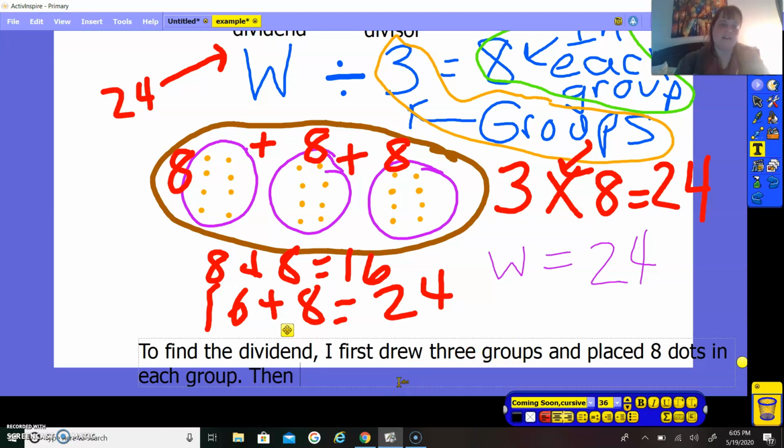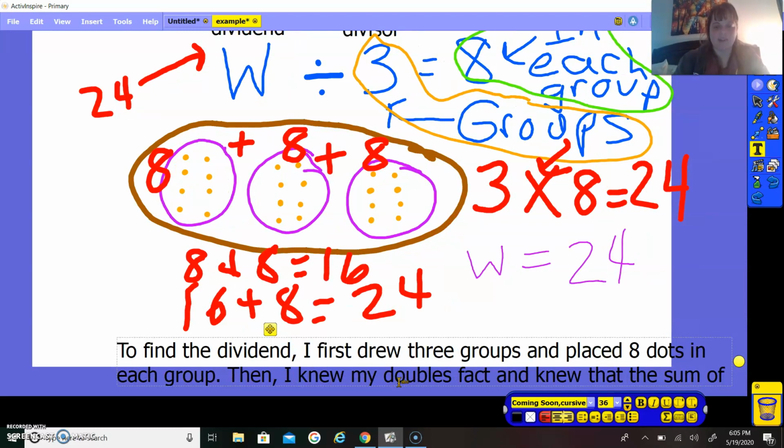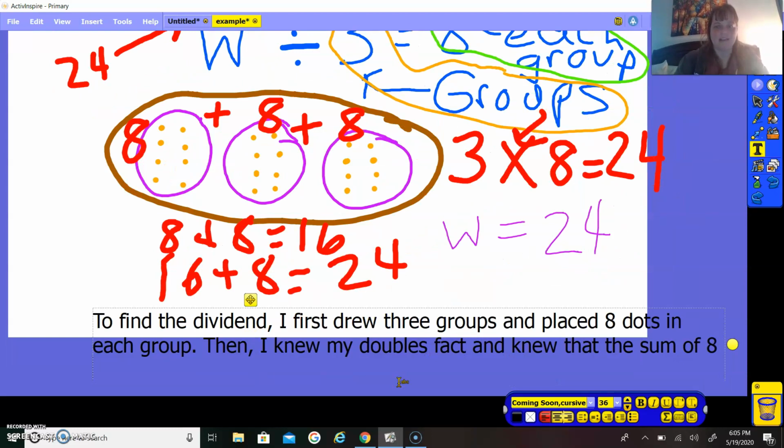Then I knew my doubles fact, 8 plus 8. Oh, I should use the word sum, right? Because the sum is the answer to an addition problem. So then I knew my doubles fact and knew that the sum of 8 and 8 is 16.